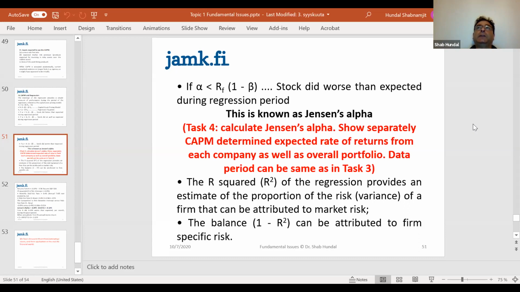And then the market return I can compare with the average grade. So if the minimum mark is 0 and the maximum is 10, and students are scoring between 0 and 10, and let's say the average marks are 6, then the market return is 6.